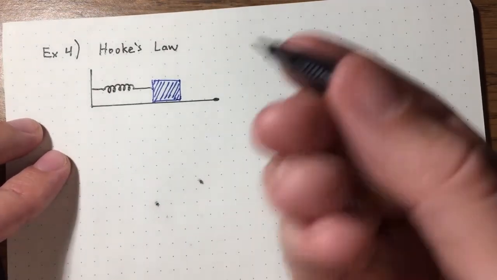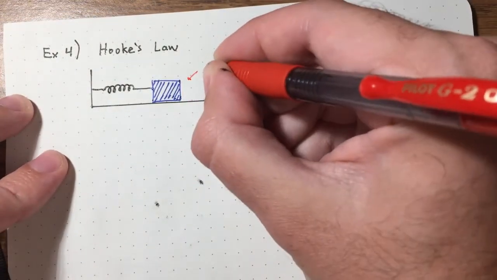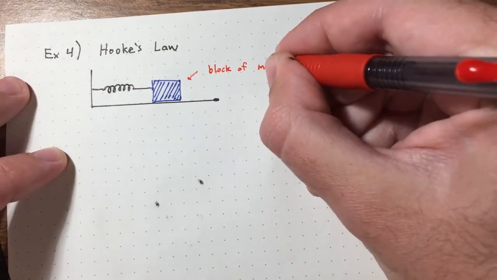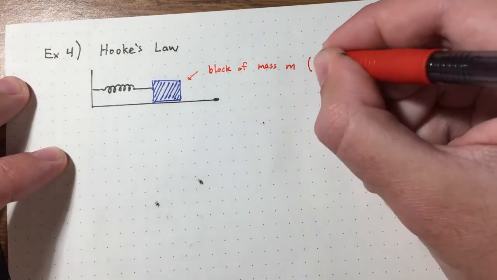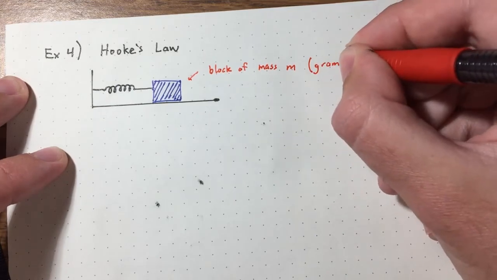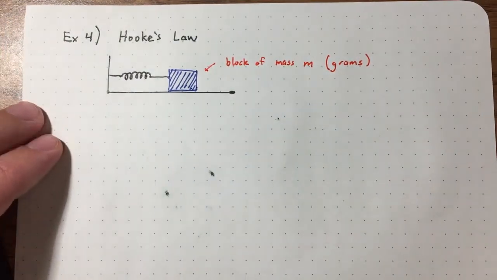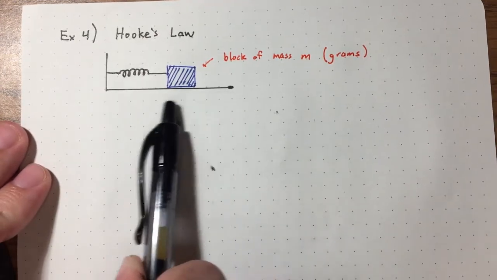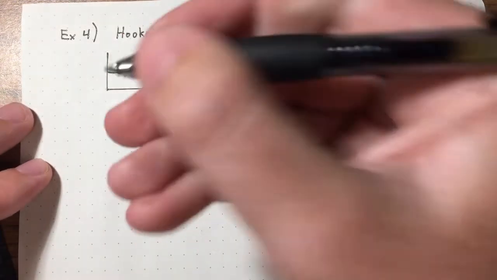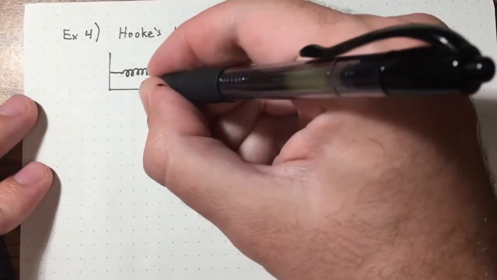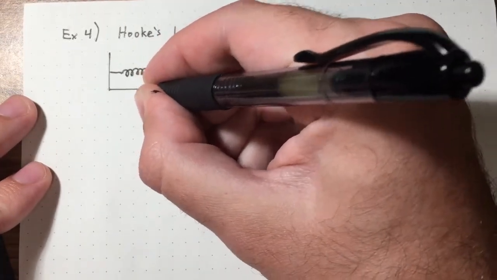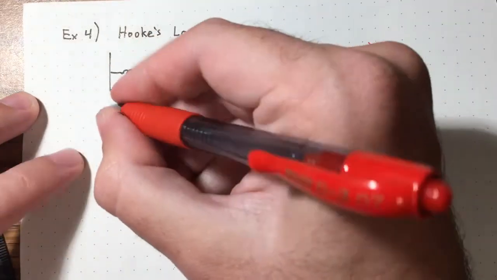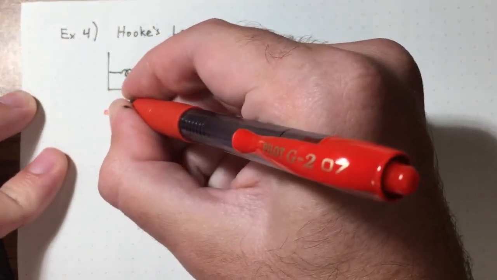And let's say this is a block of mass m, measured in grams. And so what we want to understand is the position of this block at any given time. So let's say we've actually stretched it out a little bit. So let's say x equals 0 is going to be right here, and that'll be the equilibrium position.